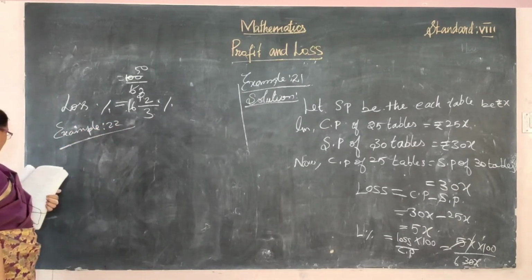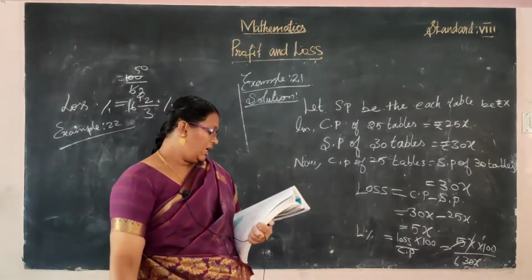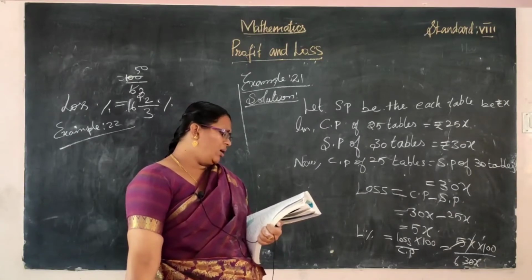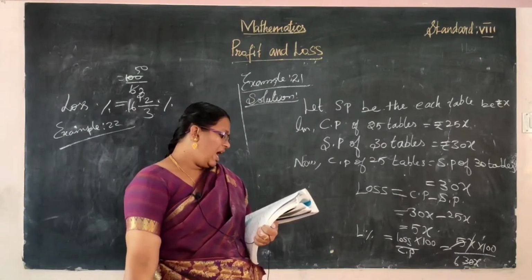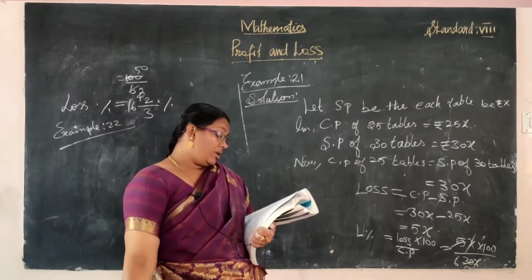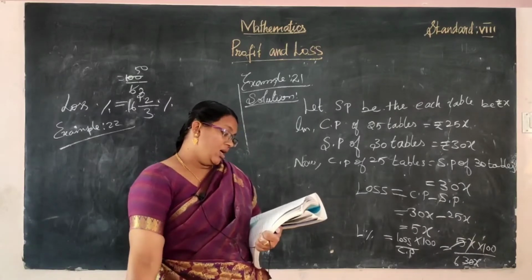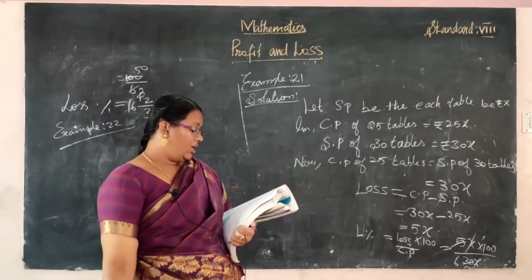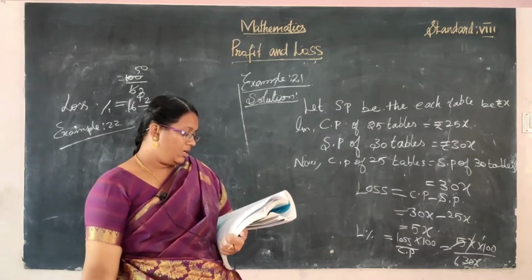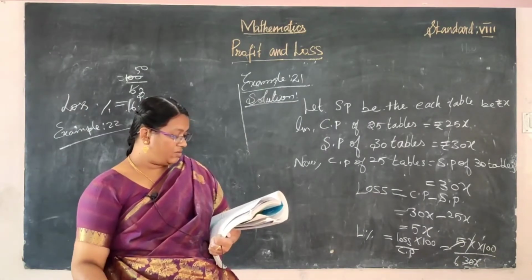Example 22. On selling a handcraft for rupees 750, a laborer loses 25%. At what price should he sell the handcraft to gain 25%? So the handcraft is sold for rupees 750, and the laborer loses 25 percent. Which values are known?